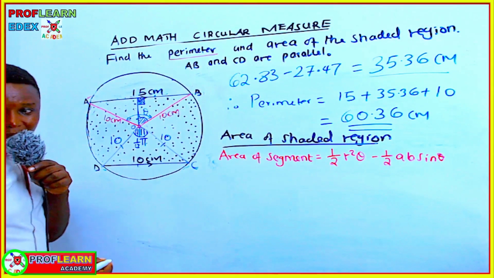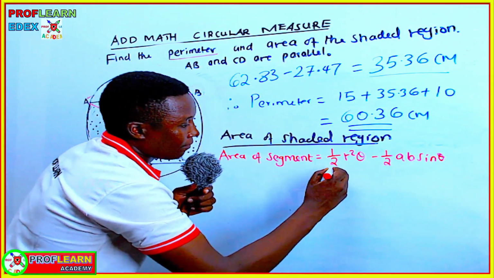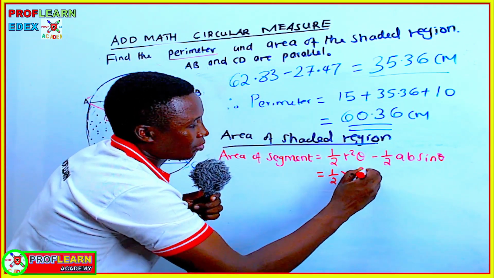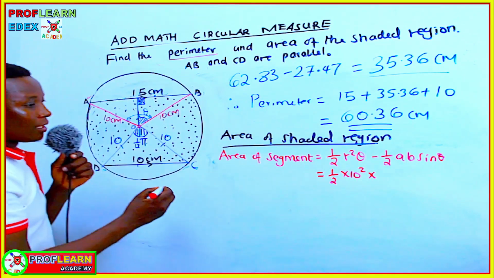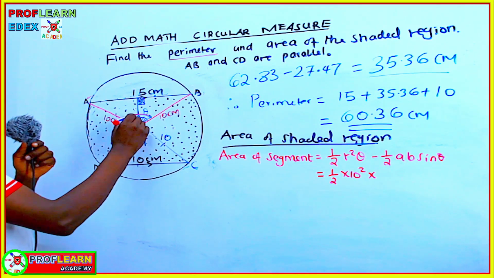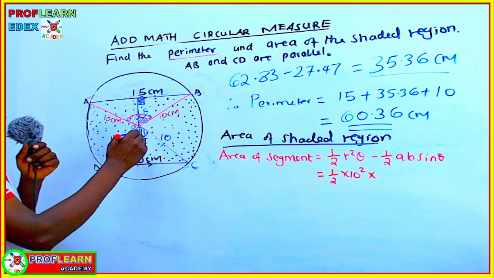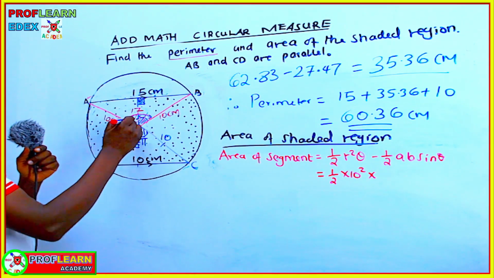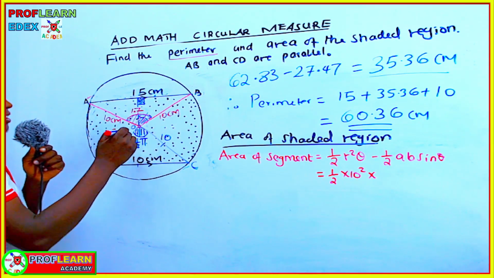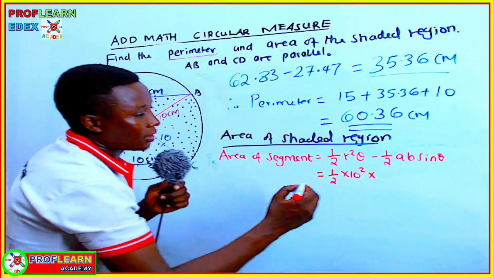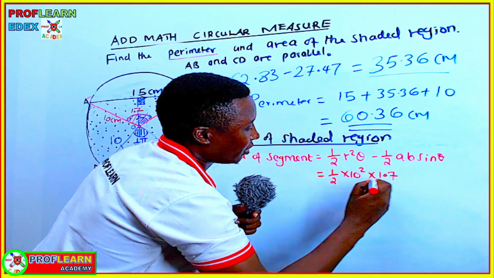So the area of the sector is a half times the radius, which is 10 squared, times the angle. The angle here is the angle of the entire part, which we had gotten as 1.7 radians.